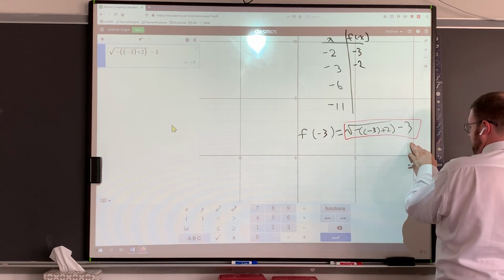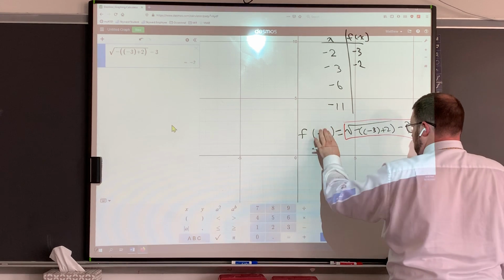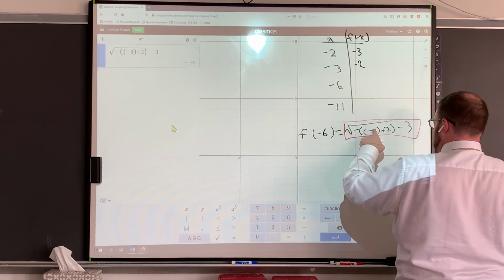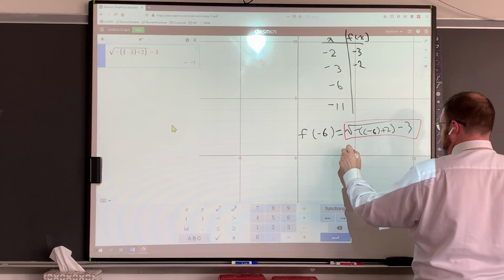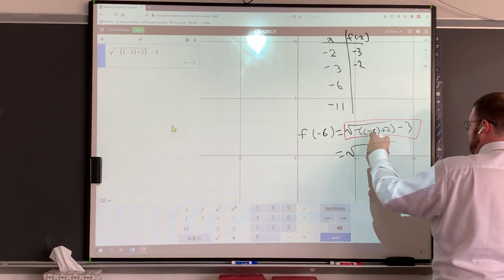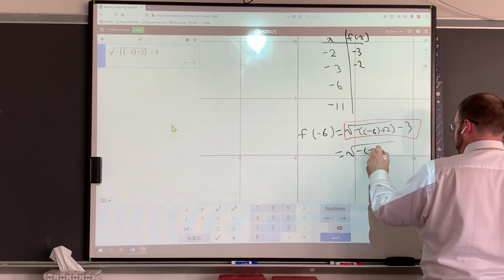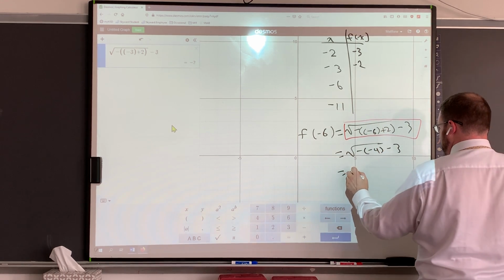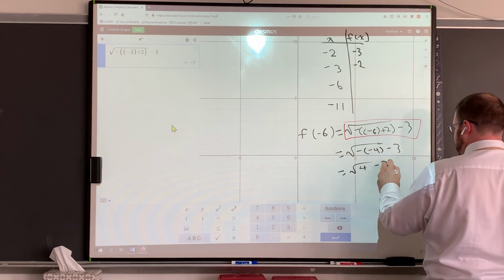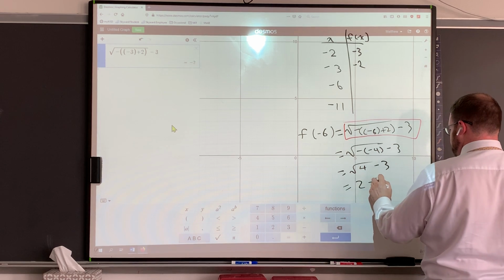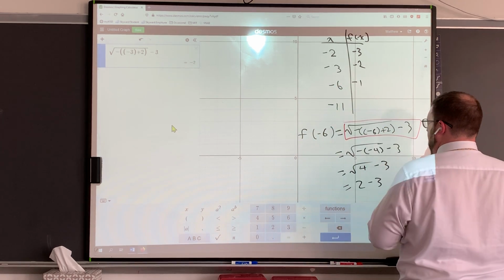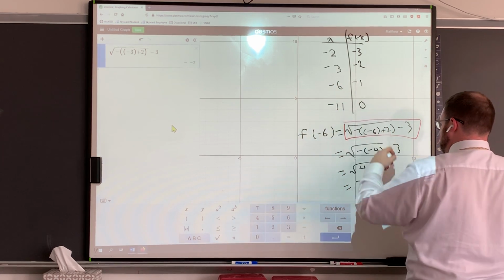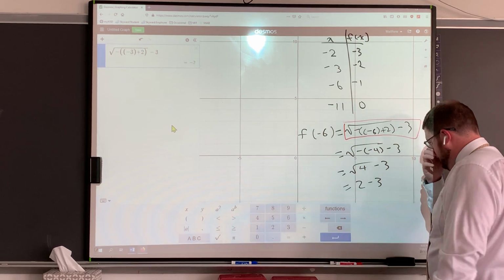That could be gotten from taking this and doing the math with it. I can plug in negative 6, my next input. I'll do this one by hand. Negative 6 plus 2 is negative 4. A negative times a negative will give me positive 4. Square root of 4 is 2, minus 3 is negative 1. I can do the same thing with this negative 11, and it will yield 0.